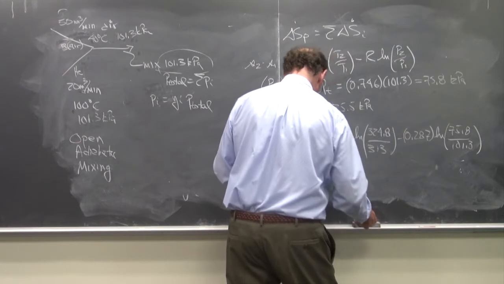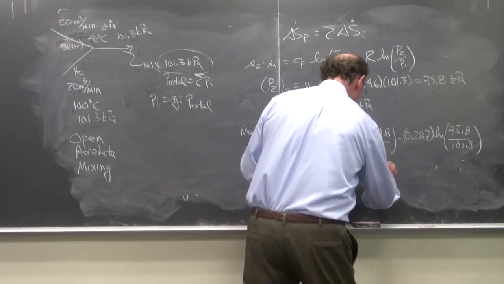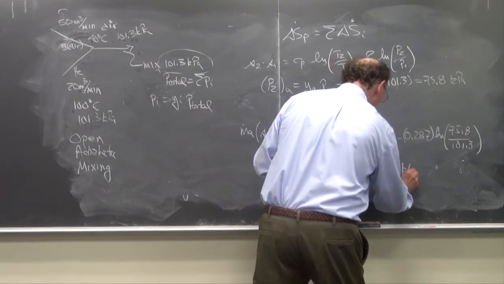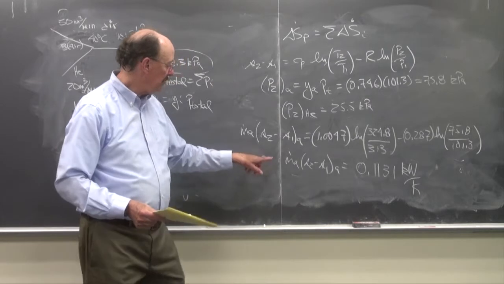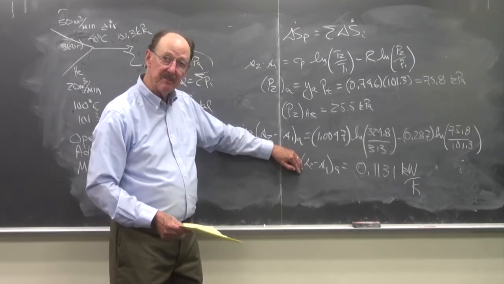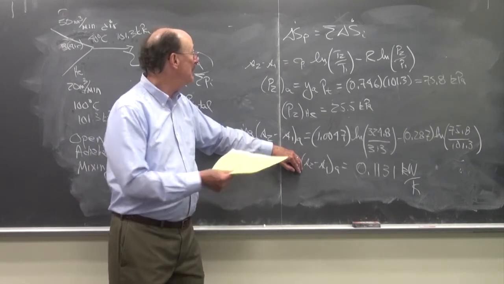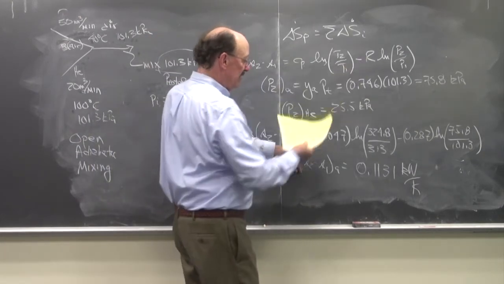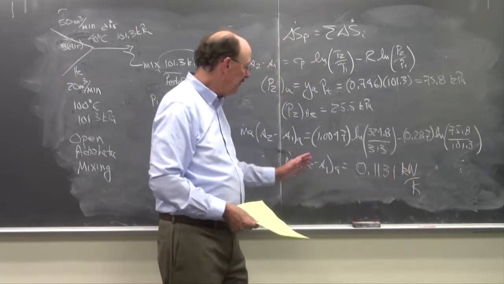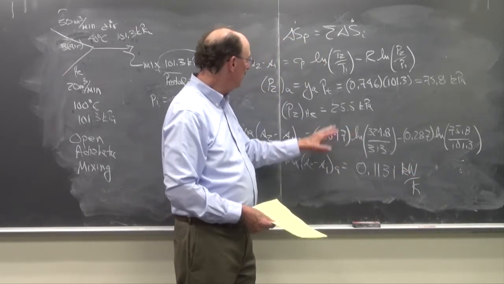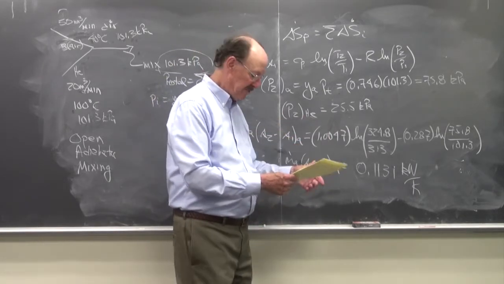Since I multiplied by the mass flow rate, it's 0.1131 kilowatts per degree K. Now, if I just had this per unit mass, then I can't add them together, so I have to have this on a time basis. Notice here, the units are kilowatts per degree K. If I do the same thing for the helium, it'll be kilowatts per degree K, and I can add those together.